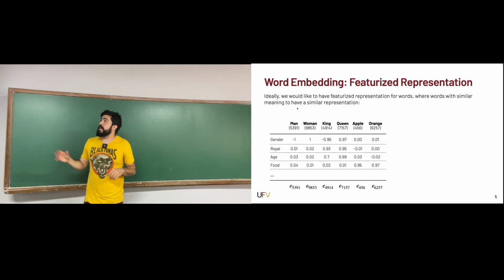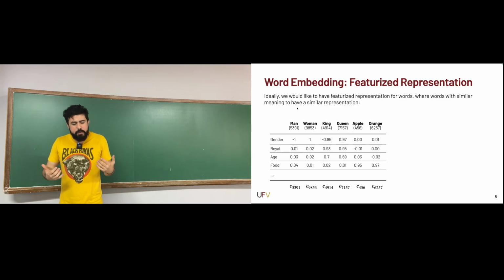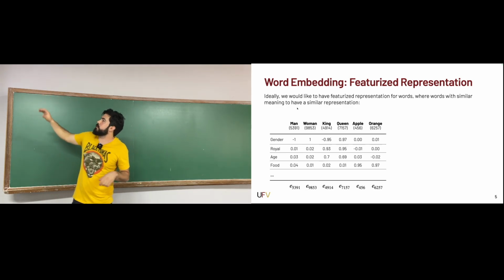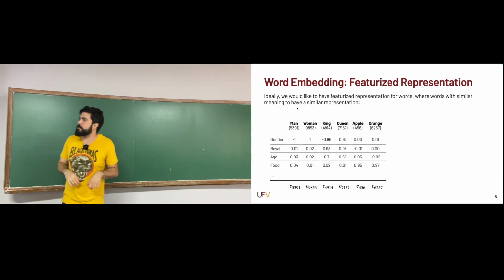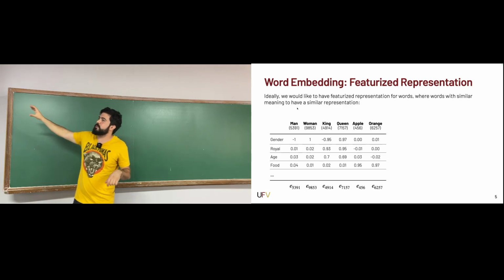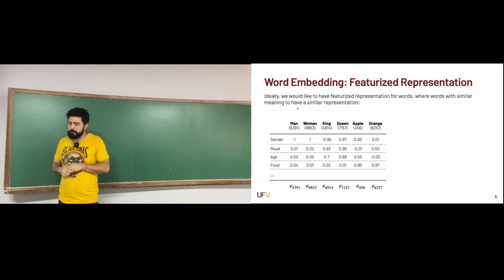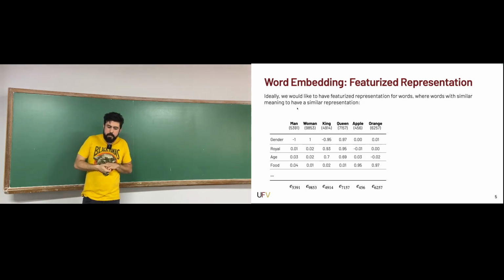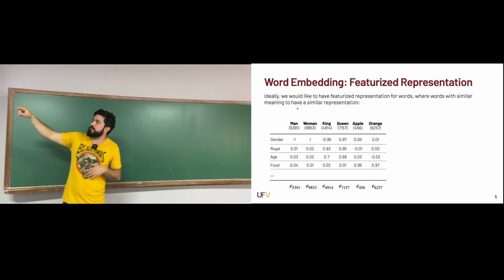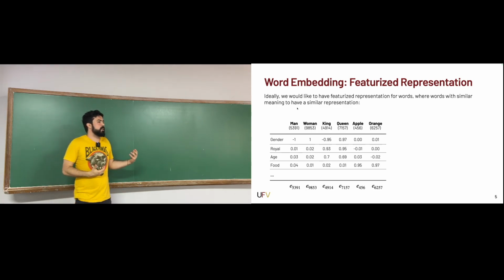So the idea of word embeddings is to learn a featurized representation. Ideally, what we would like is a featurized representation for words, where words with similar meaning have similar representation. Okay? So consider this table now. We have the same set of words there, and in parentheses you still see the one-hot encoded values. But wouldn't it be nice if on the rows here we had features for these words?